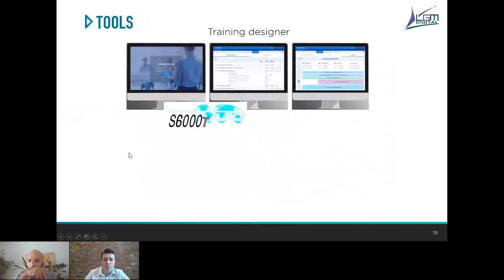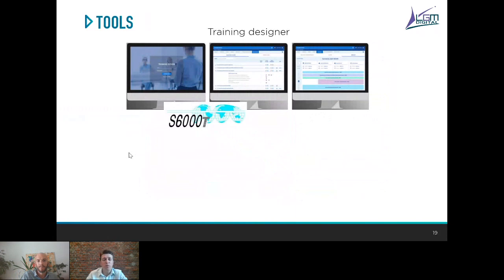Thank you, Christophe. So as you could understand through all this presentation, there is a lot of data to manage. Using the different S-series specifications and the S6000T is not that complicated from a workflow or a process point of view.